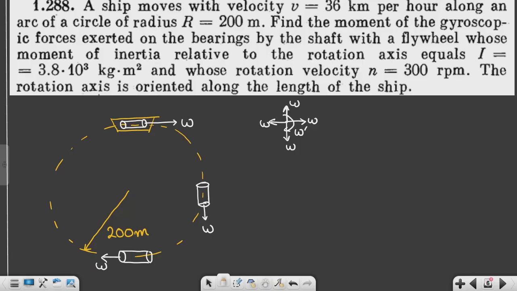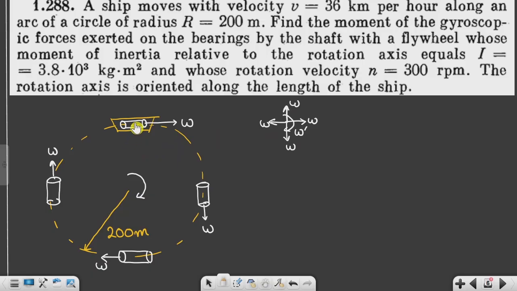Now I just need to find out the angular velocity of precession, or with what angular velocity the omega is spinning. See, if the ship completes one full rotation, I can say omega also completes one full rotation.